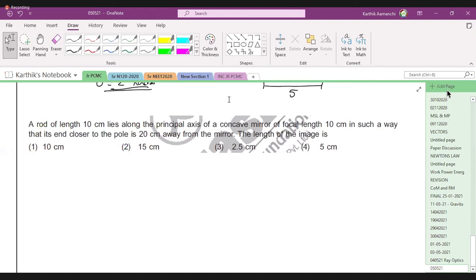But the problem is there are two options which are less than the original one. See, what I will do is, isn't it at the center of curvature? That's why I'm drawing the diagram, then you will understand.